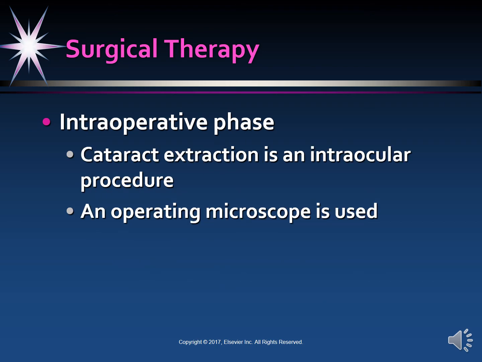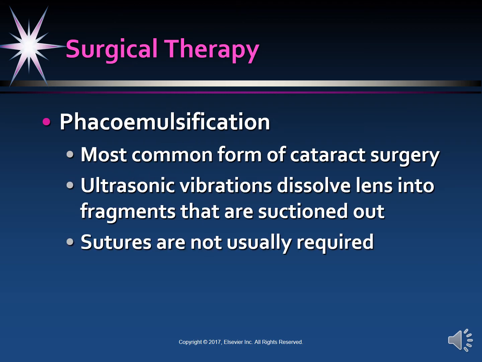Patients are awake for the cataract extraction. An operating microscope is used. The most common would be phacoemulsification. It uses ultrasound vibrations to break up the cataract and then suction out the lens, and then an intraocular lens is placed in its place.